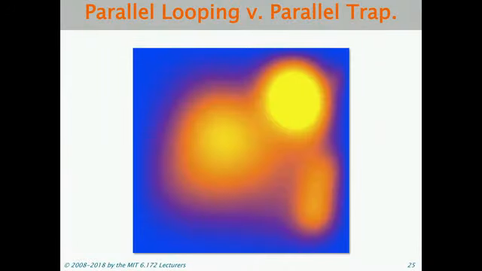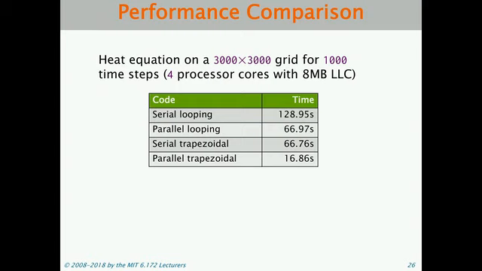Because I had to do this in real time, the input size wasn't actually that big. So I ran the experiment offline without the rendering on a much larger input. So this input is a 3000 by 3000 grid. And I did this for 1000 time steps using 4 processor cores. And my cache size is 8 megabytes, so last level cache size.